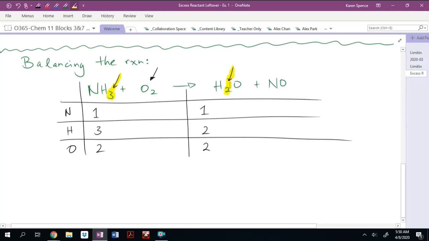In this case, the lowest common multiple is 6. So if I multiply this by 2, that's going to give me 6 hydrogens. If I multiply this one by 3, that's going to give us 6 hydrogens. Now, of course, we have also changed our nitrogen, so now we have 2 nitrogens.